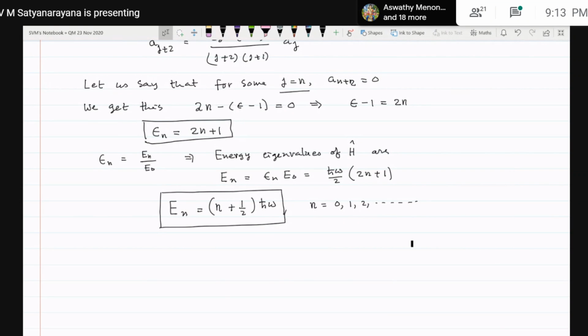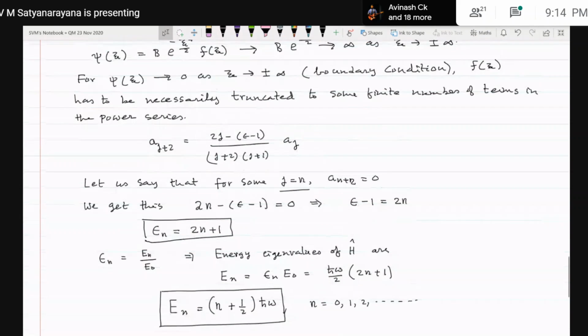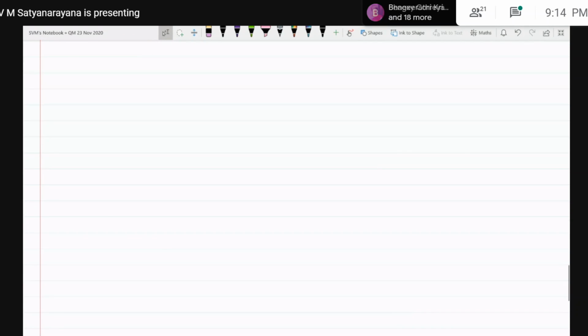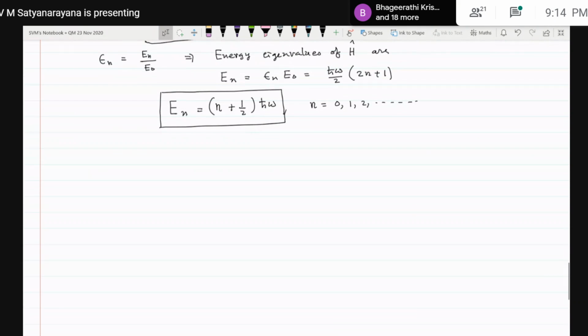Okay, so this is something which is a consequence of the boundary condition. So this part is fine. Now, so these are energies.